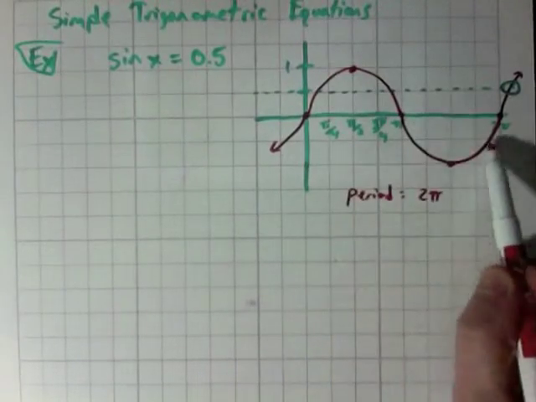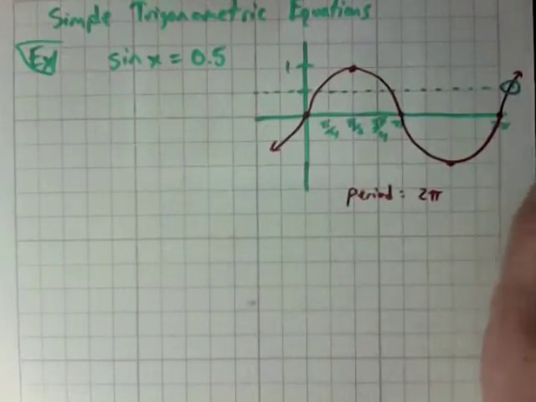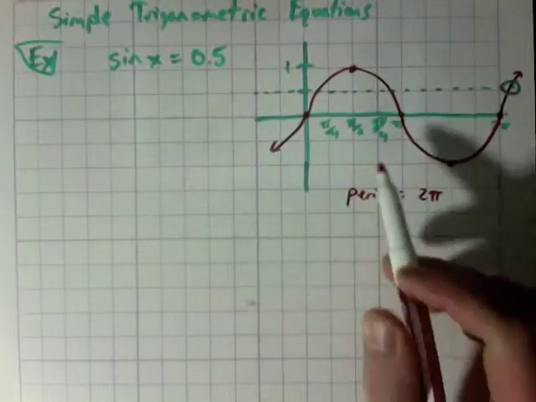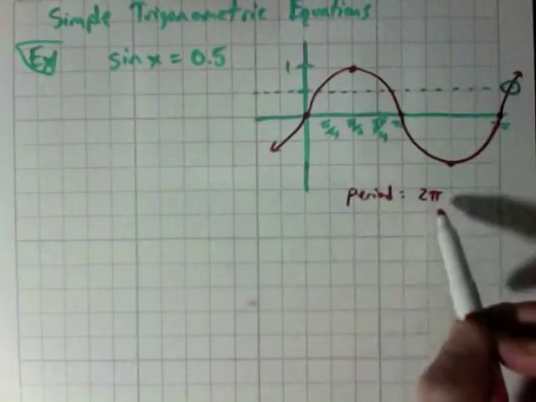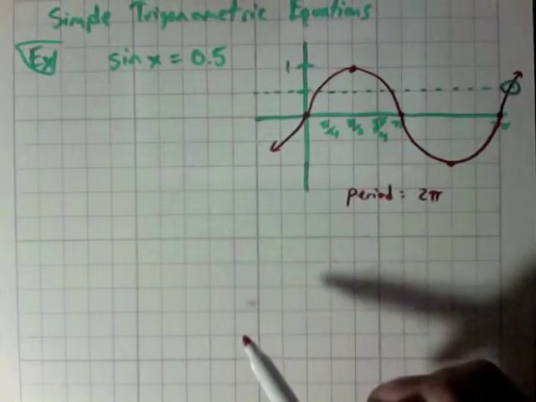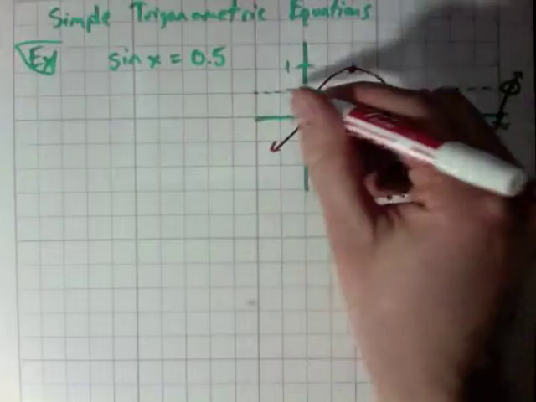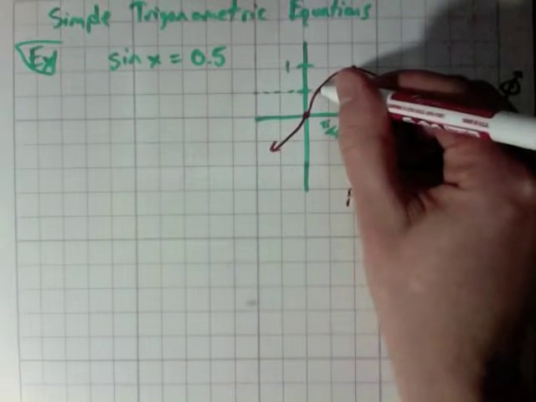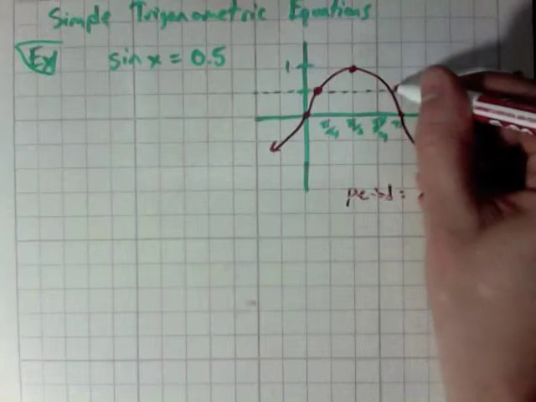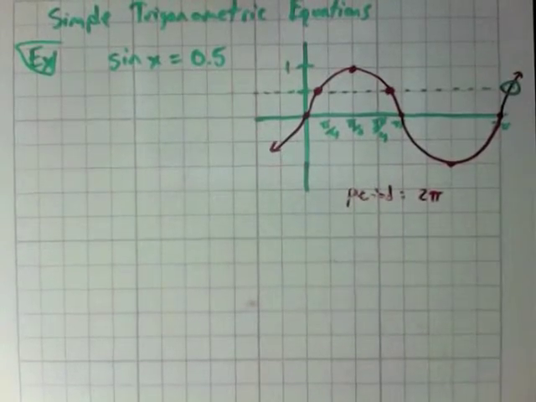Sine goes through one full cycle and then starts repeating itself again. I'm interested in the solutions within that one period, and sine appears to be 0.5 at two particular points, right here and right here.